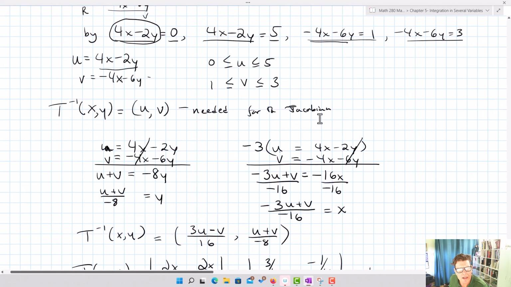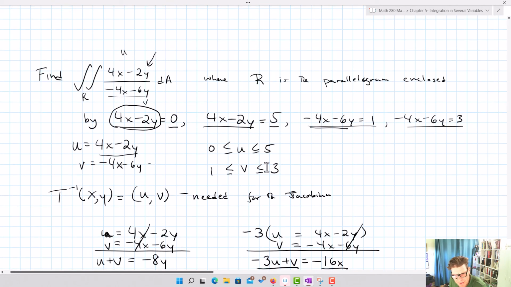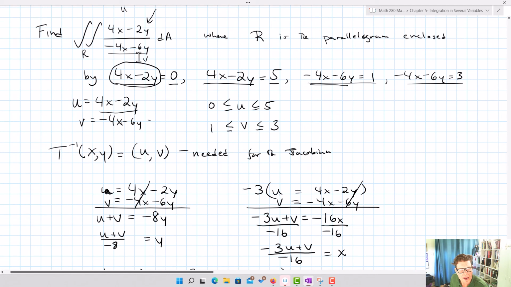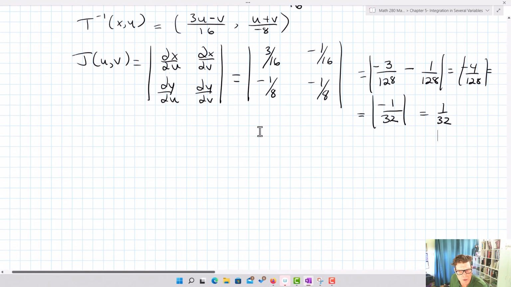Now, I've got my nice rectangular region, u greater than or equal to 0, less than or equal to 5, v greater than or equal to 1, less than or equal to 3. Notice that 4x minus 2y, that's u, negative 4x minus 6y, that's v. So this is going to end up being u over v.